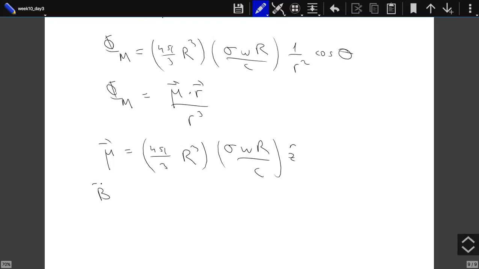The electric field, or in this case the magnetic field, will be 3 mu dot r hat times r hat minus mu over r cubed. So this system basically acts like an electric dipole. And in fact, it's a magnetic dipole.